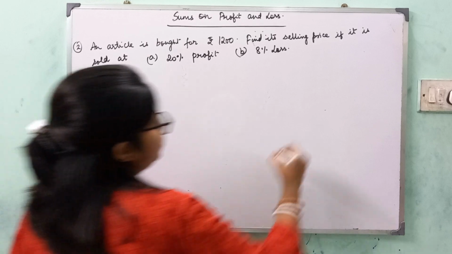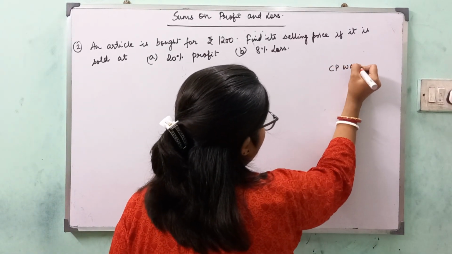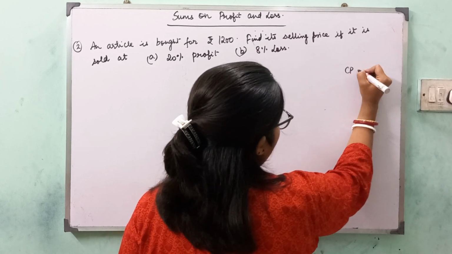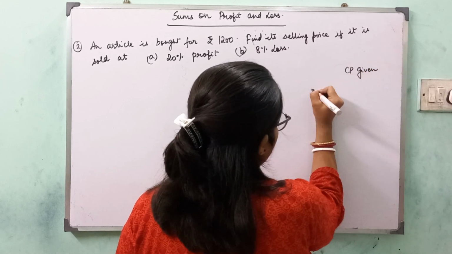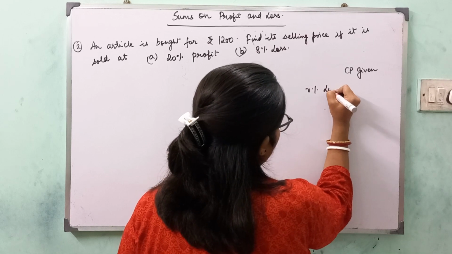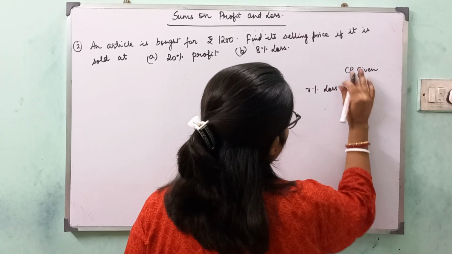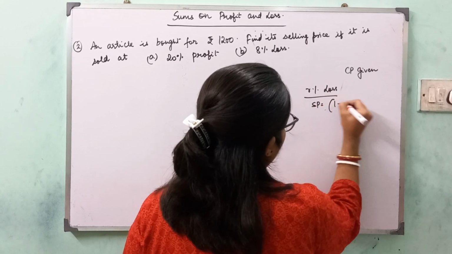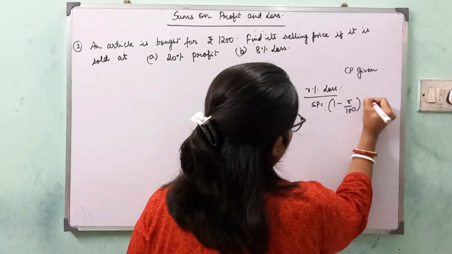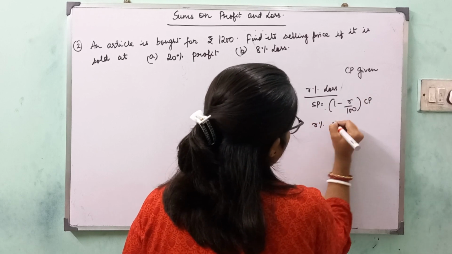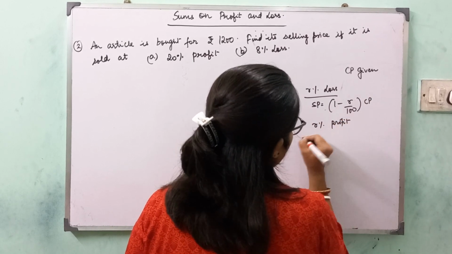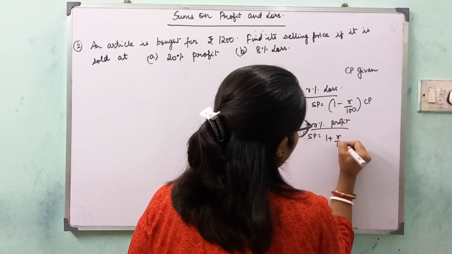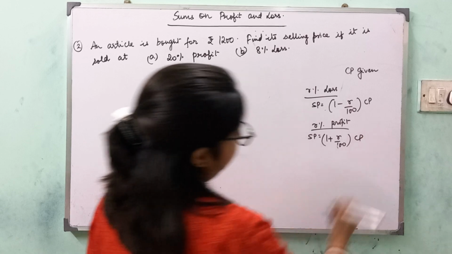So if you remember that when the CP was given, if there is R percentage loss, the formula for SP was 1 minus R by 100 of CP, and R percentage profit means SP was 1 plus R by 100 of CP.